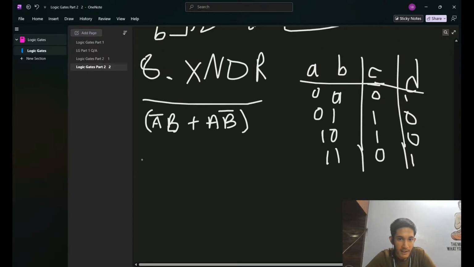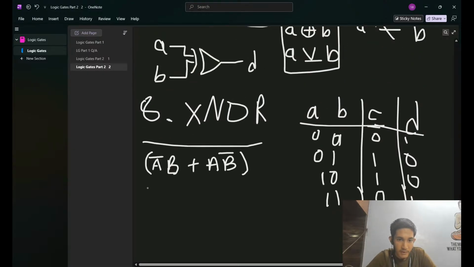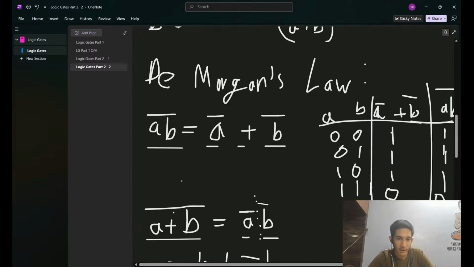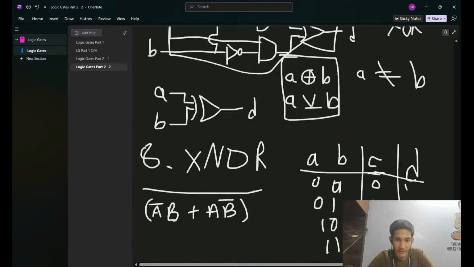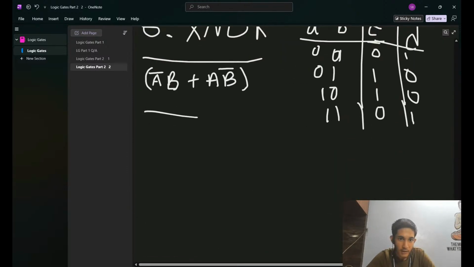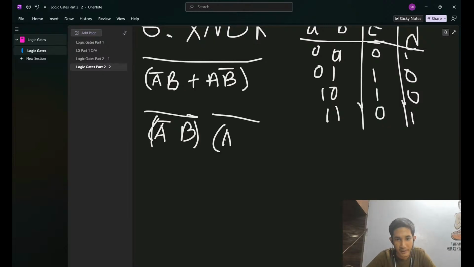Now let's expand this a bit. As we know from De Morgan's law, this can be expanded into this, right? So now this is our first application of Boolean logic. We can actually figure out how to make stuff, instead of being stuck in the caveman era, not knowing how to make XNOR.